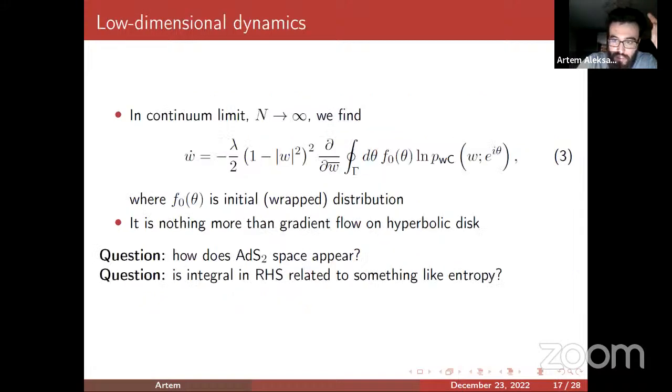Let me return to this slide. Here, the function W is a function of time, and the integral on the right-hand side is a Kullback-Leibler divergence. It measures how our instant distribution on the unit circle differs from the initial distribution.